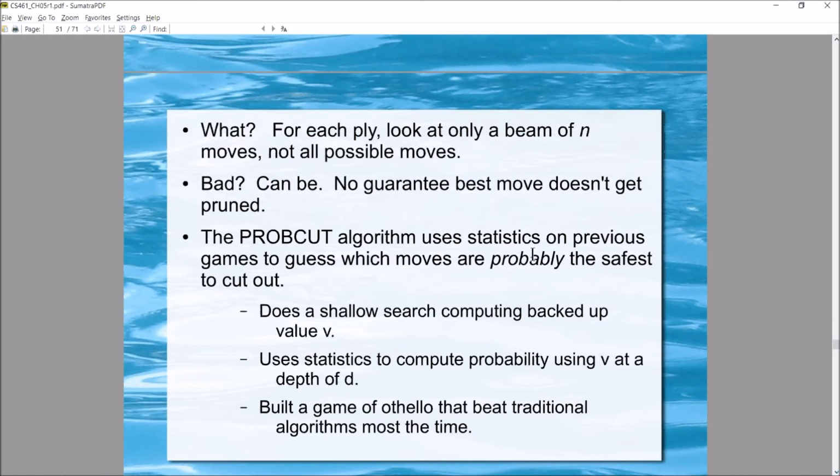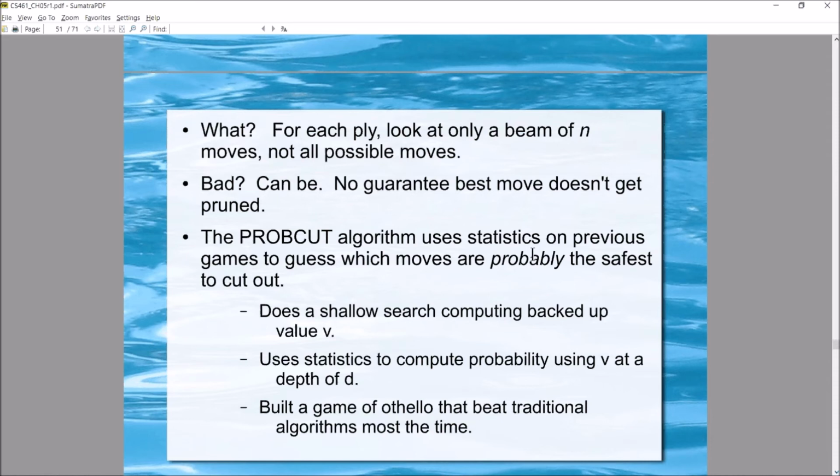So that algorithm draws upon previously played games to do some analysis to determine what moves are probably the safest to cut out. So, based off of playing 100 games, moving the first pawn forward 2 squares led to a loss 99% of the time. Well, it's probably safe to ignore that move, right?